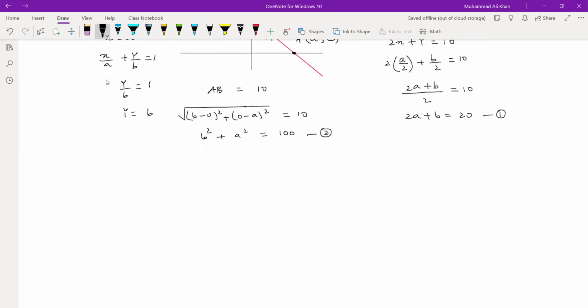And now we have to solve them simultaneously for the values of the unknowns, right? From equation 1, B equals 20 minus 2A.